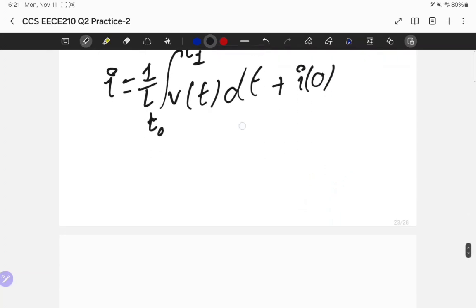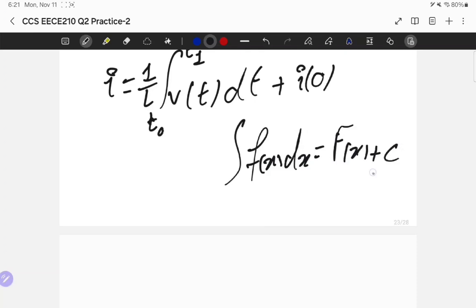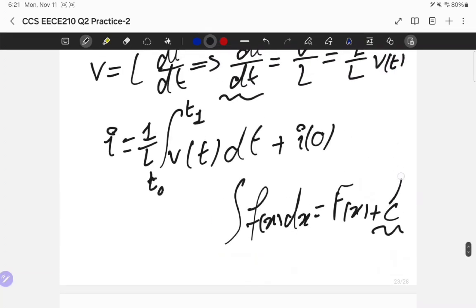Because if I do an integral of f(x) dx, this is going to give me big F(x) plus c, but I don't know this c. Actually, this c is an initial condition, which is I0 in our case. So the formula is always i equals 1 over L, integral from some time to some other time of the voltage dt, and after I finish all of this, plus I0.